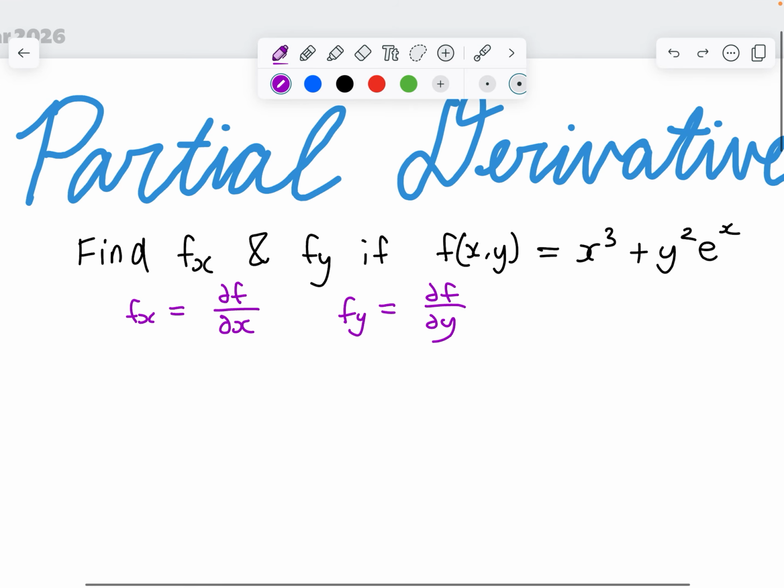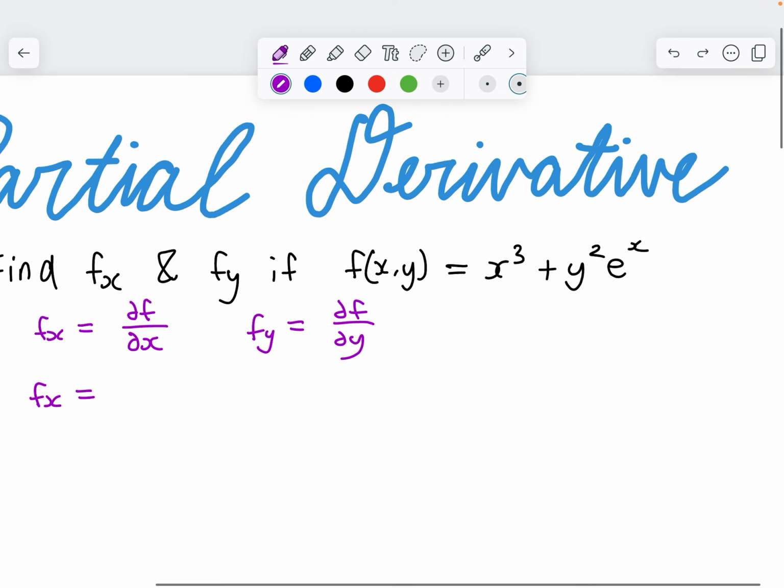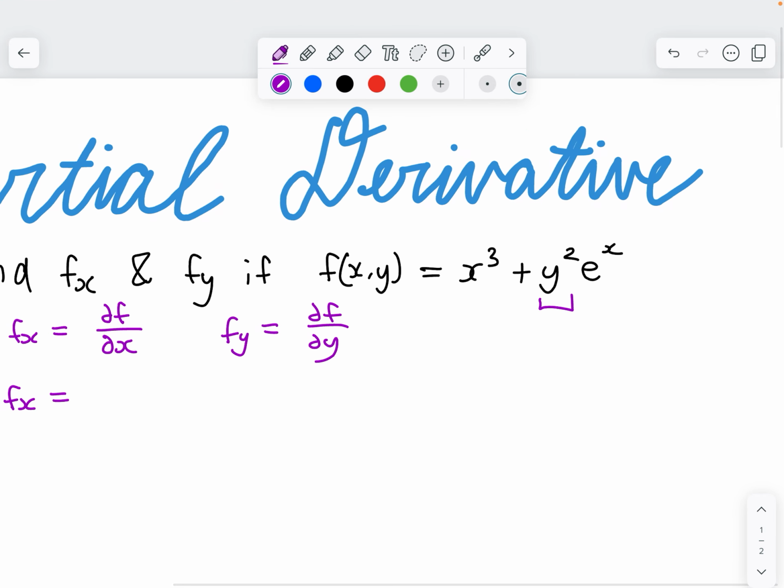So to make things simpler, let's try doing this problem. We have our function here, and we're trying to find fx and fy. First, let's focus on fx. For fx, we're trying to derive x and treat y as a constant. To make things easier, let's say y is 5, for example.